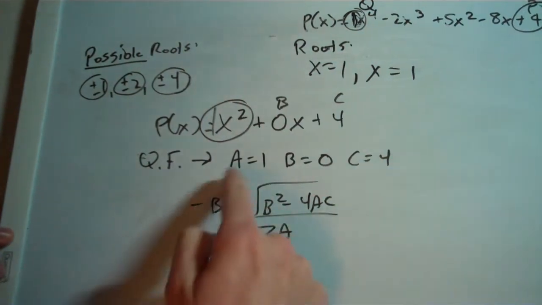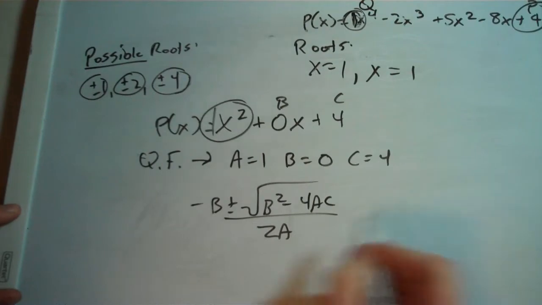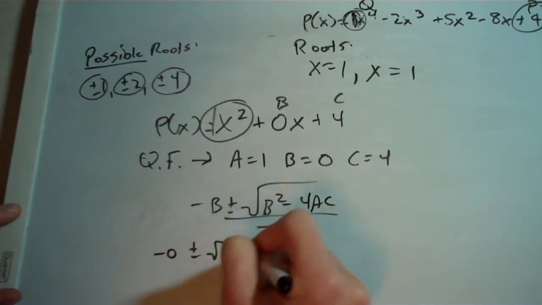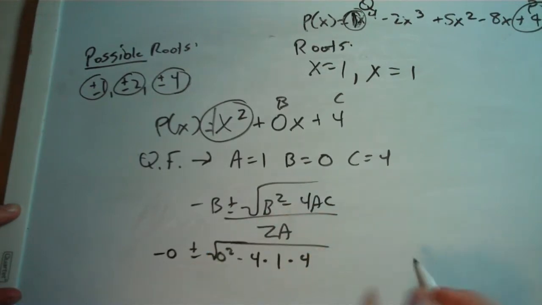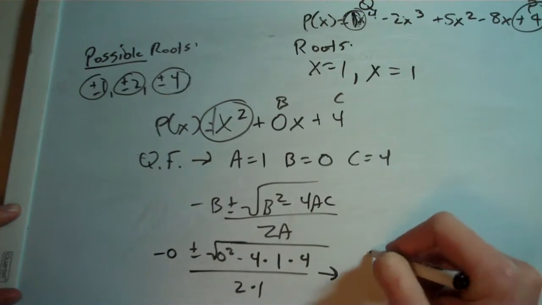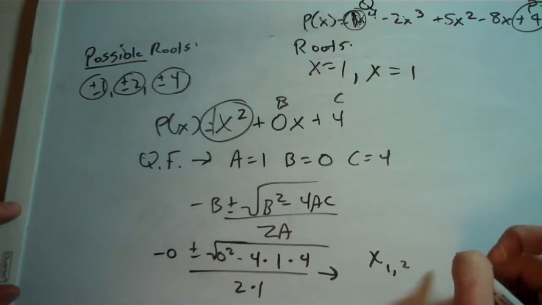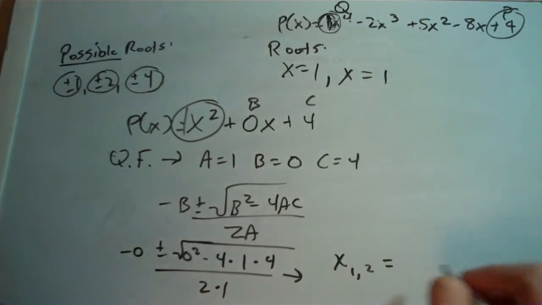Okay, so we're going to take these variables and plug them in. So we're going to have negative 0 plus or minus the square root of 0 squared minus 4 times 1 times 4, over 2 times 1.